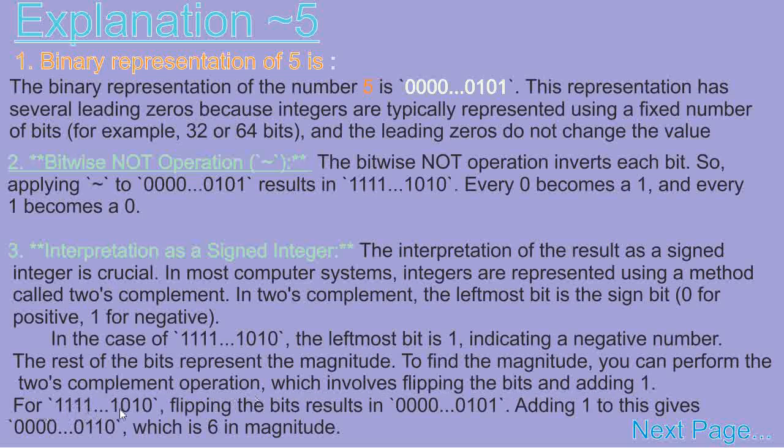For 11111010, flipping the bits results in 00000101. One thing to remember here, when we are flipping the second time, our number is coming back to the previous position. Adding 1 to this gives 00000110, which is 6 in magnitude.